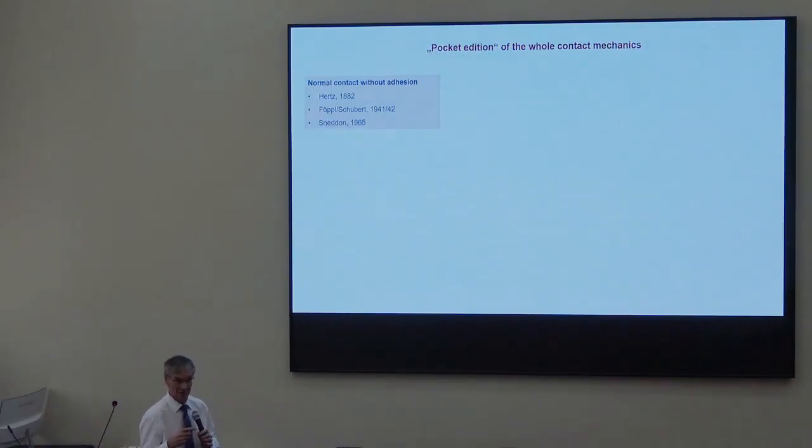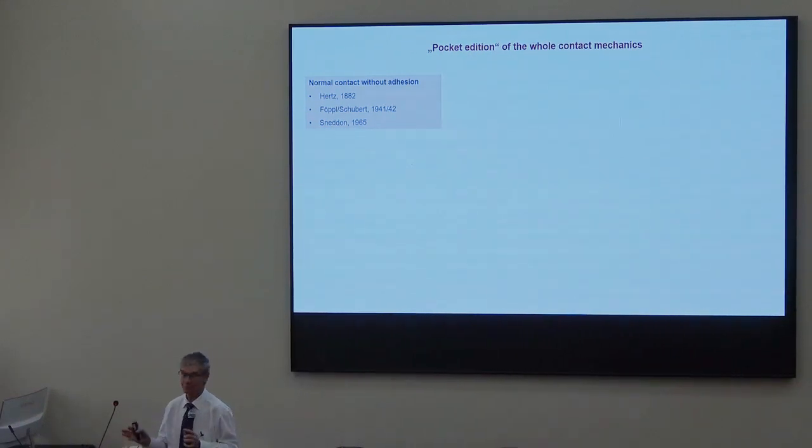All this is related to the normal contact. But there are many beautiful theorems which were discovered during the 20th century, which state that many other problems can be reduced, can be related to the normal contact problem.